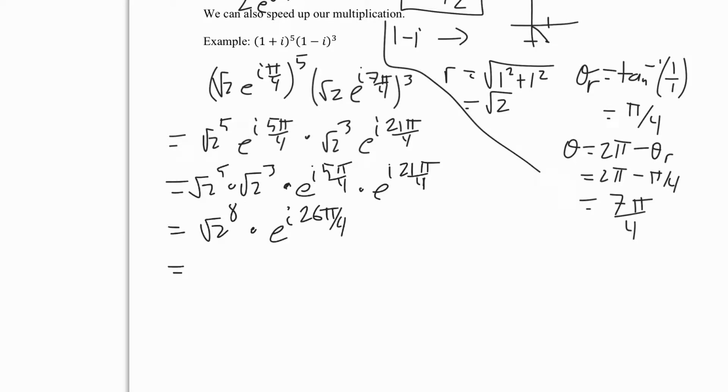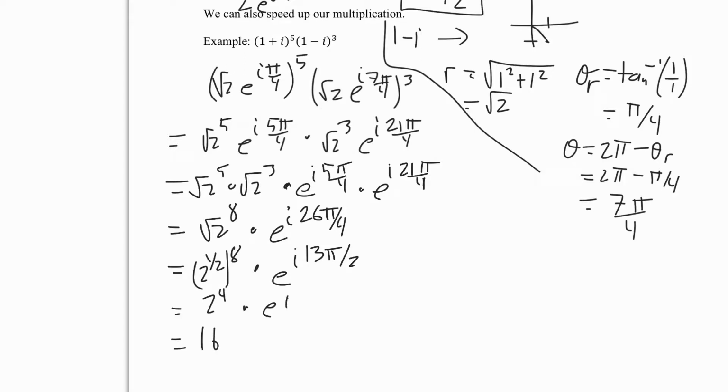Now root 2 to the 8, well again, you could think about that as 2 to the 1/2, and over here we should probably reduce this fraction to be 13 pi over 2. So that'll be 8, and half of 8 will be 4, so 2 to the 4, which will be 16.